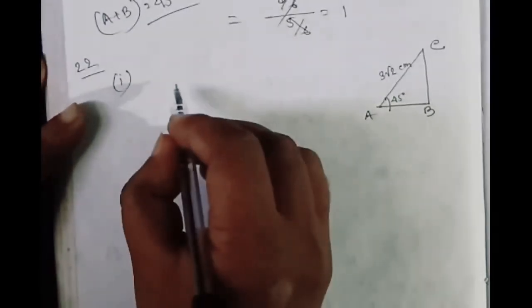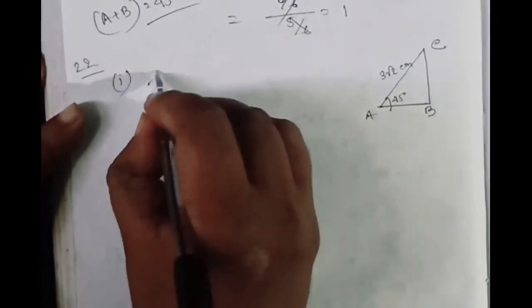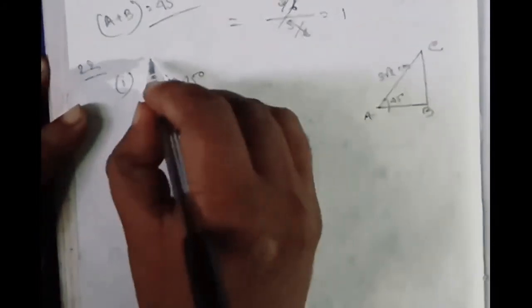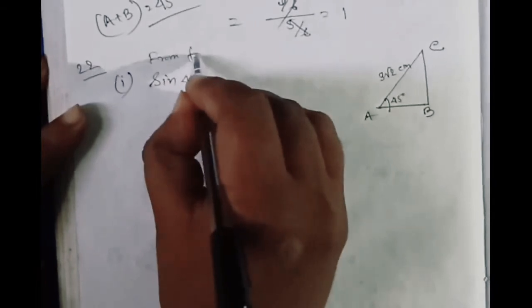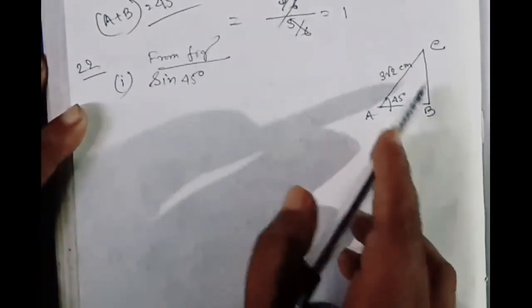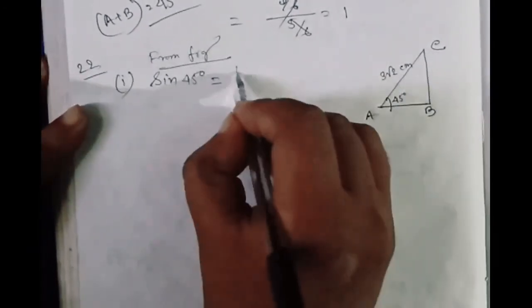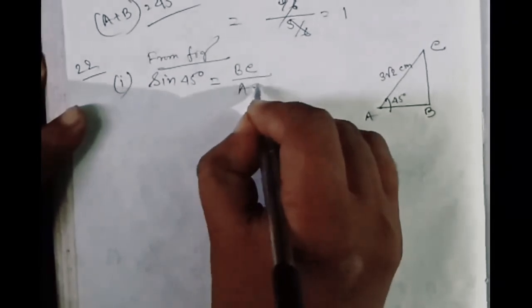Now, from the figure, sin 45 degree is equal to BC by AC.